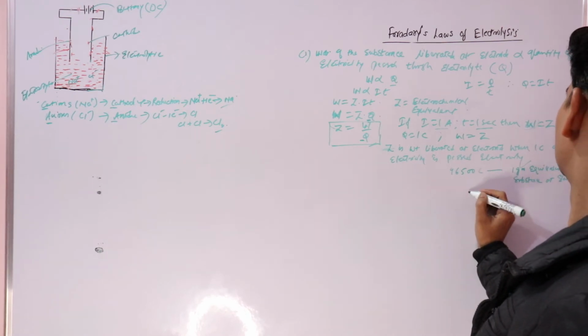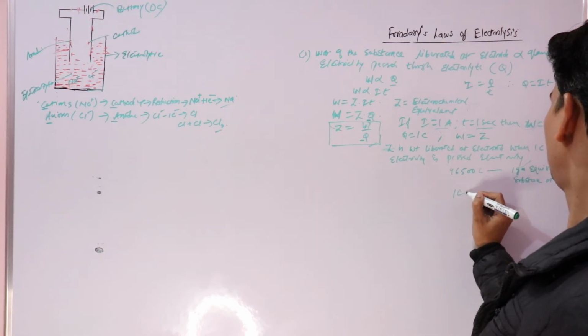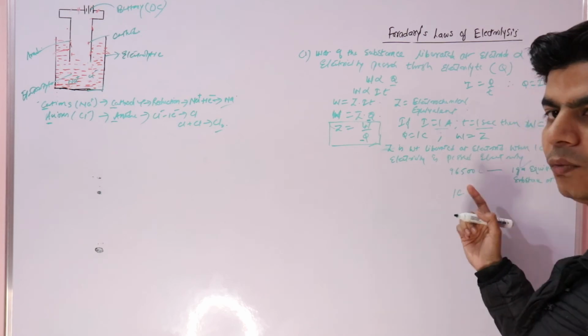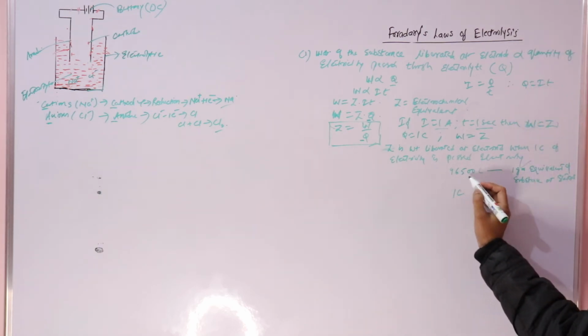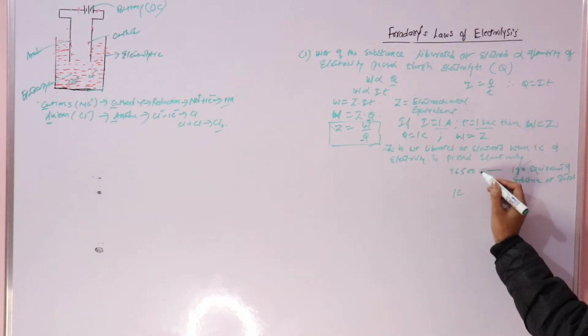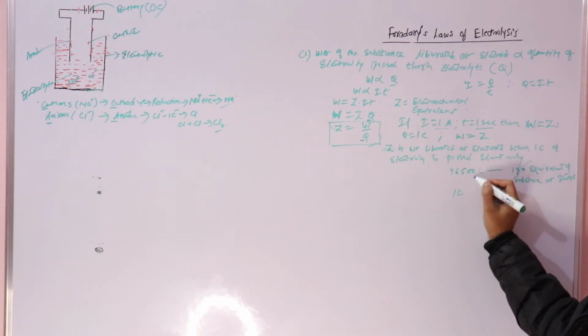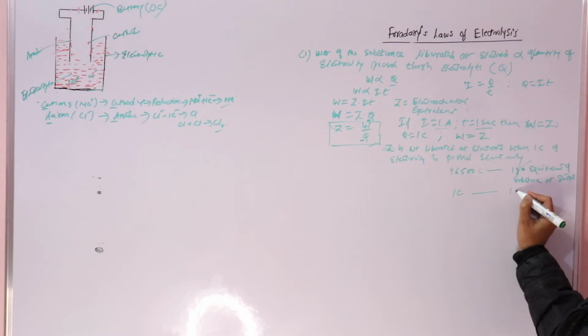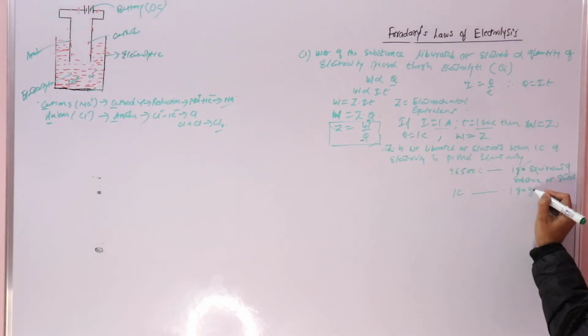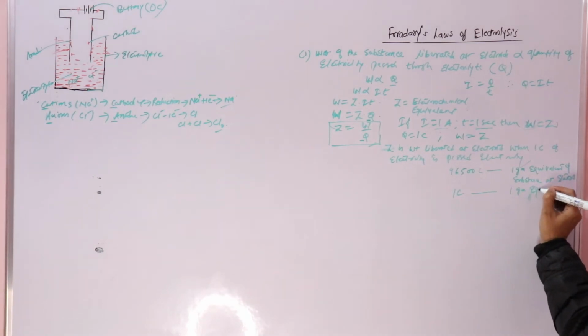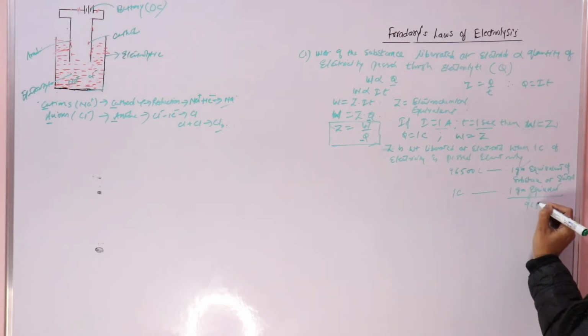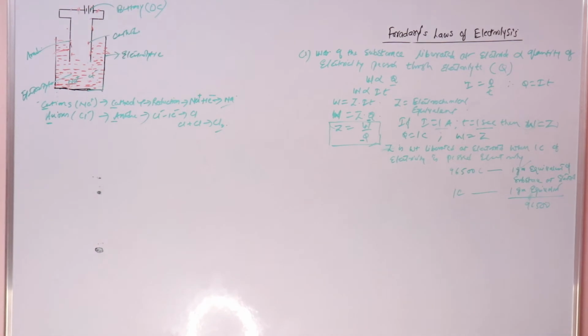Now we are applying the simple unitary method. If I pass 96,500 coulombs, I get 1 gram equivalent of the substance. If I pass 1 coulomb of current, then I get 1 gram equivalent of substance upon 96,500.